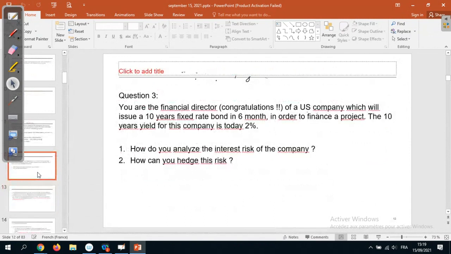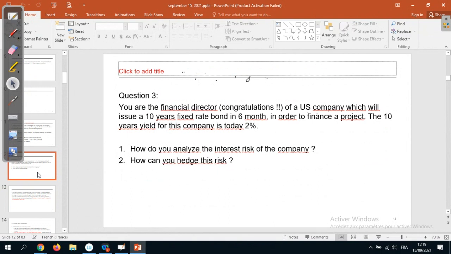Okay. That was exactly the same example as your question. You are the financial director, and all my congratulations, of a US company which will issue a 10-year fixed rate bond in 6 months in order to finance a project. Exactly my example.